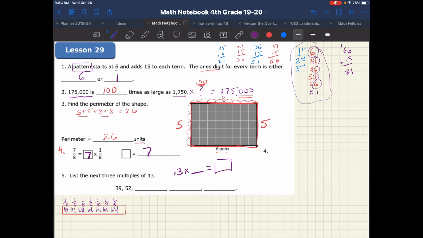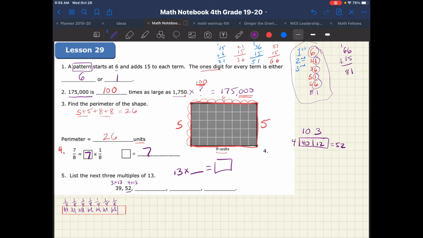So I am guessing that 4 times 13 is 52. Should we double check? Over here we'll do 10 and 3, and I'm going to do a 4. 4 times 10 is 40, 4 times 3 is 12, 12 and 40 is 52. So 3 times 13 is 39, 4 times 13 is 52.